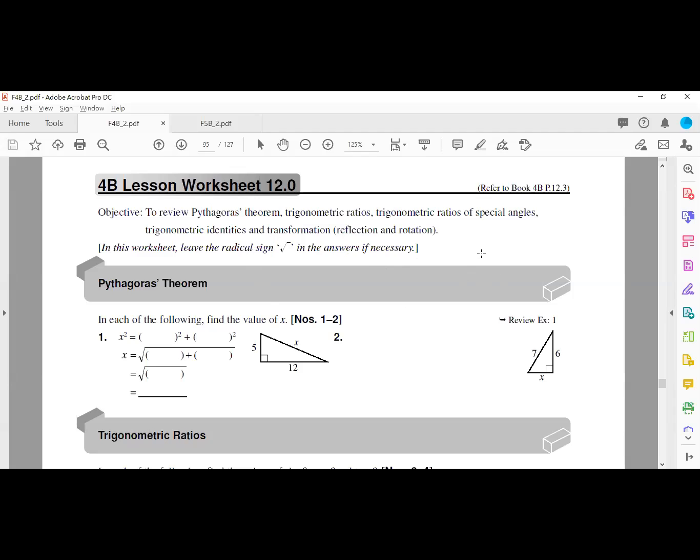In the second lesson today, we are going to learn some new things about the sine, cosine, tangent. So just do some revision of what we have learned in junior forms, in Form 2 and Form 3. In this chapter, we are going to use the Pythagoras theorem and the trigonometric ratios and the trigonometric identities very frequently.